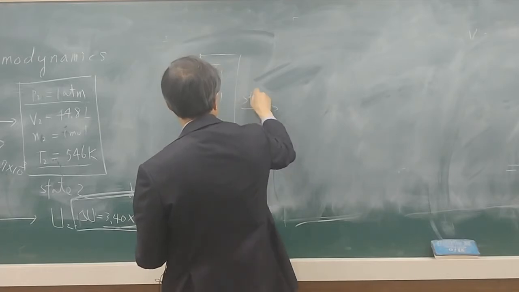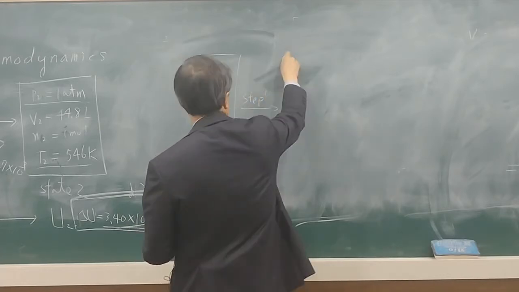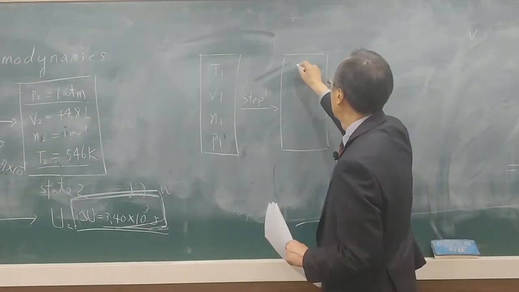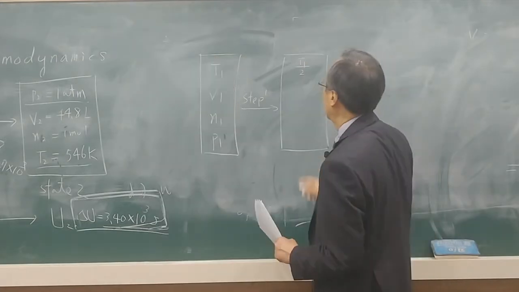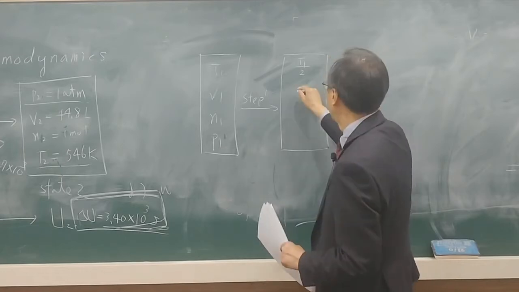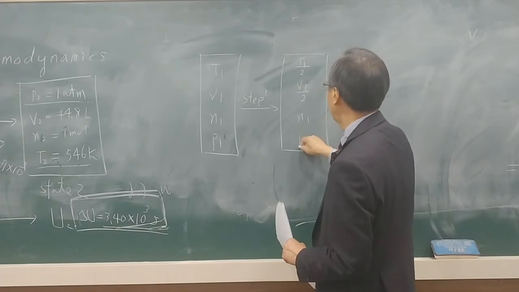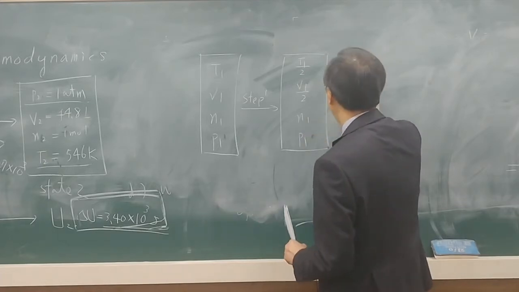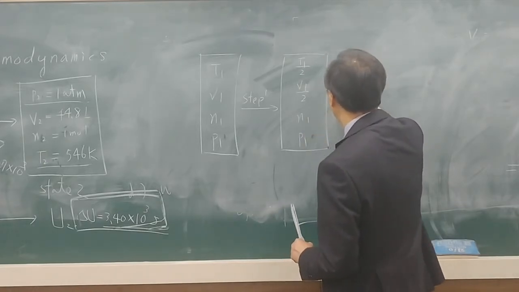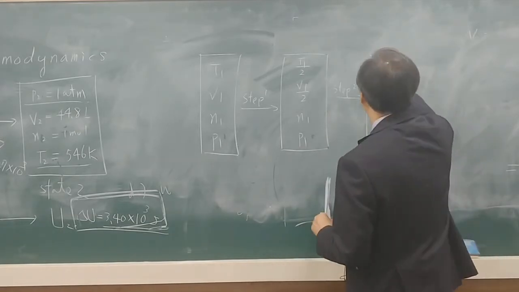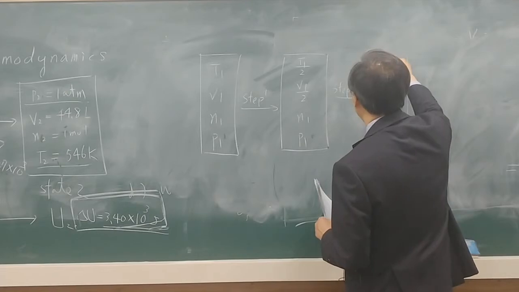In step 1, the temperature is halved, pressure P1 over 2, V1, N1, P1. In step 2, the temperature remains the same.